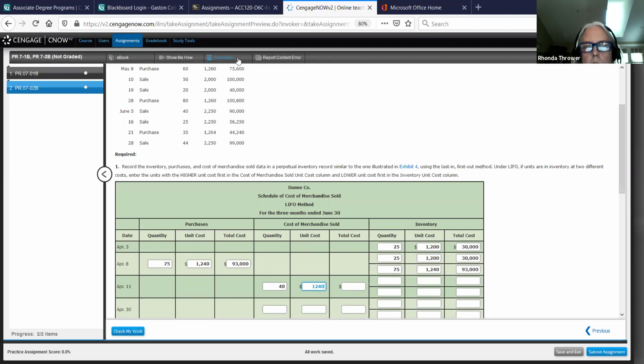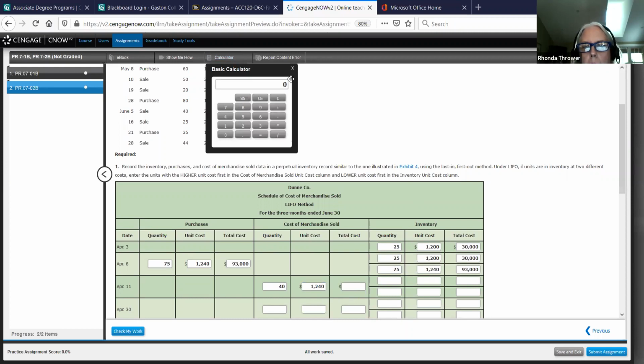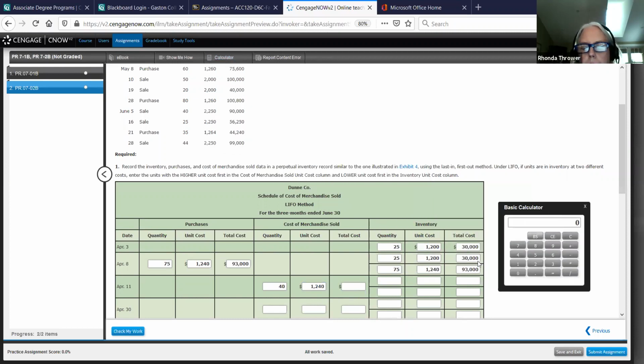So then what I'm going to do is put in my calculator 40 units that I've sold times the cost per unit, which is $1,240. And what that will give me is my cost of goods sold for the April 11th transaction of $49,600.